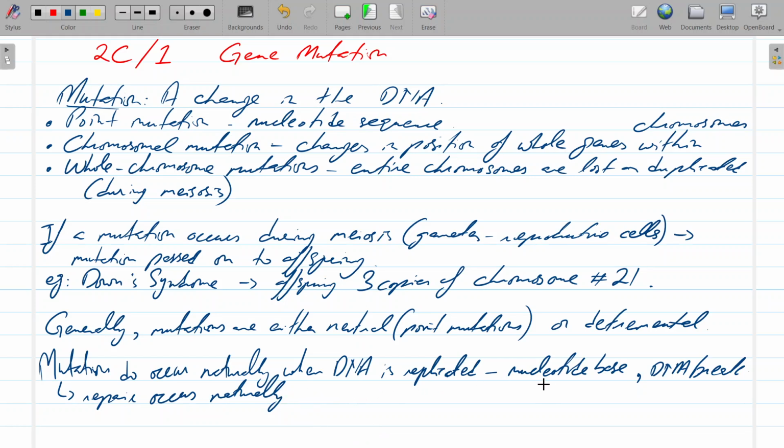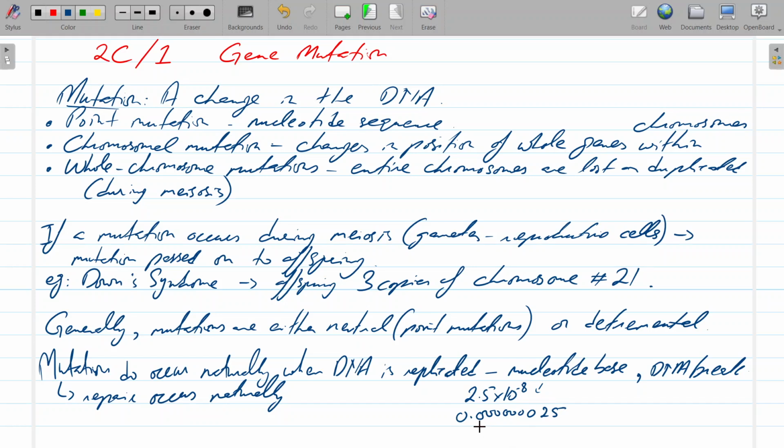So an example of a nucleotide base sequence being changed, the frequency of that happening is very low, right? So it's 2.5 into 10 to the power 8 per base. So it's very, very low. So that would actually be like 0.000000025 per base.